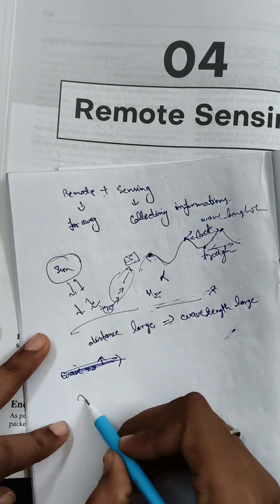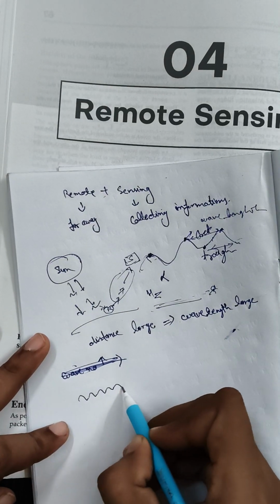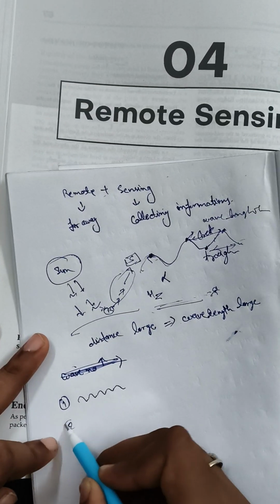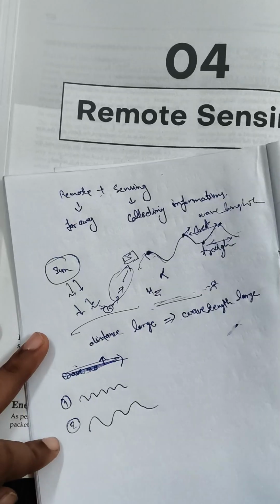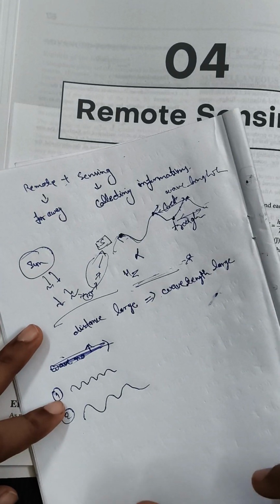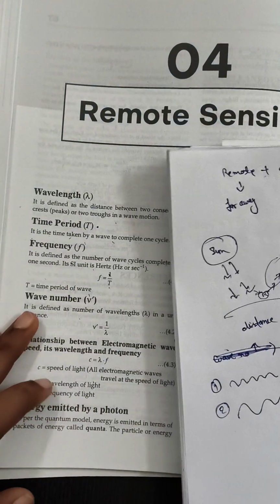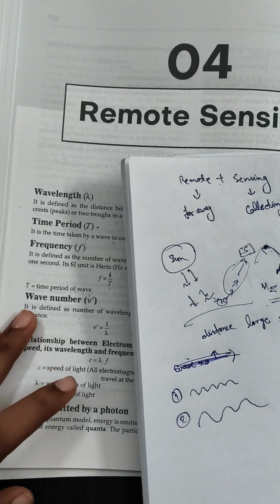If you have wave 1 and wave 2, which wave has the higher wave number?